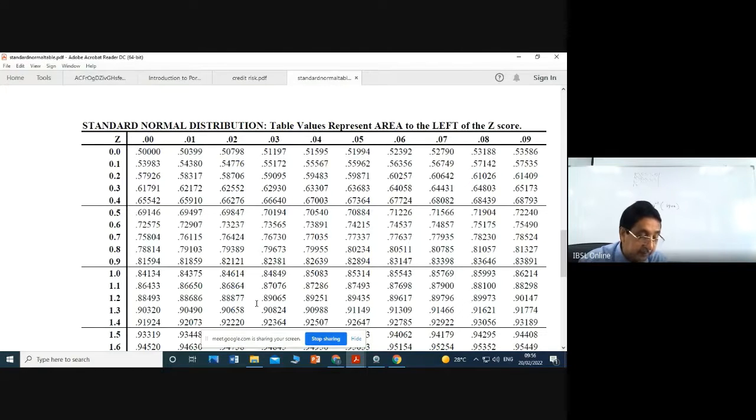That difference is 0.00188, right? So that really represents 0.01, right? But we are not going to use 0.00188 now.